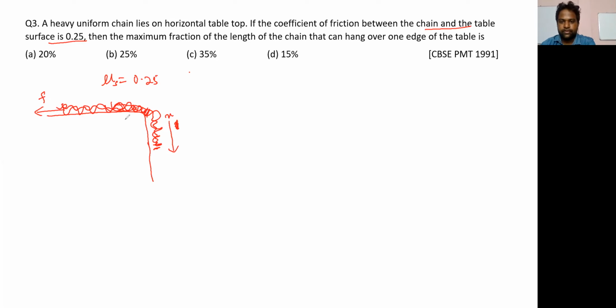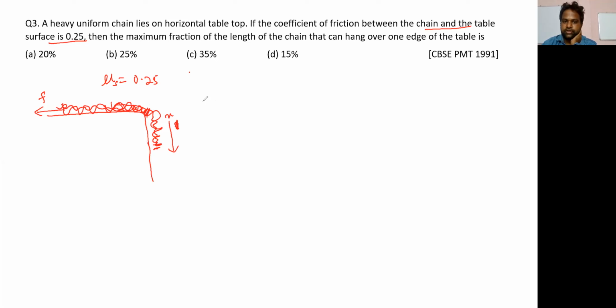But beyond the frictional force, if the length is more here, then it will start sliding. But the question is, what should be the maximum length that can hang?